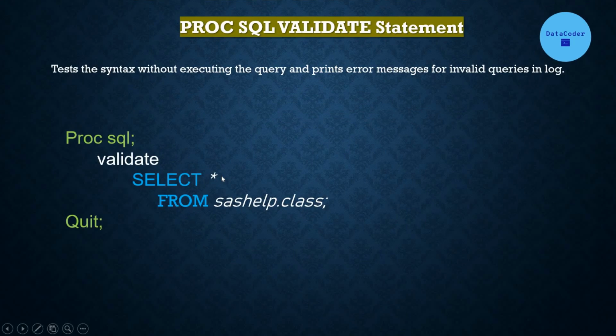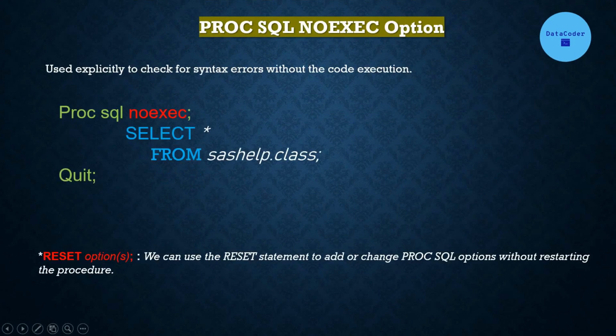The next is the noexec option, and this noexec option will explicitly check the syntax errors without code execution. It won't execute the code, but it will check the syntax. When we use this noexec option, it will be applicable to all the PROC SQL queries.